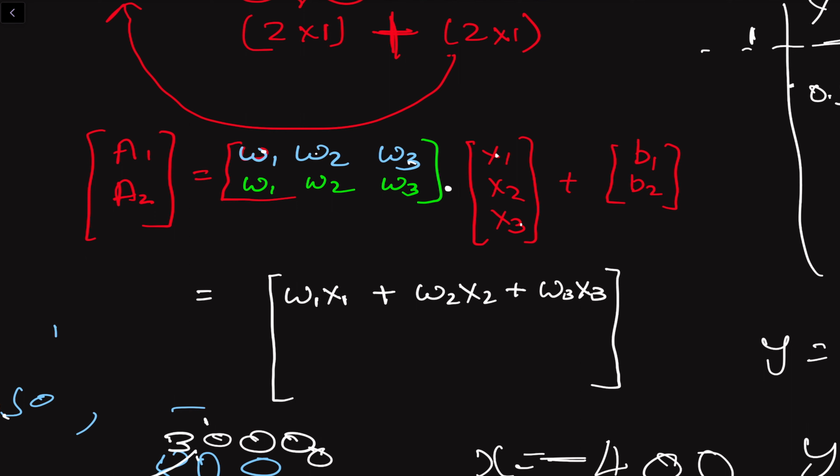Now for the second one, we can write it as W1 X1. Why did I use white again? That should be blue. Hopefully you get the idea though, okay? Plus W2 X2 plus W3 X3. And this is a matrix of 2, 1.